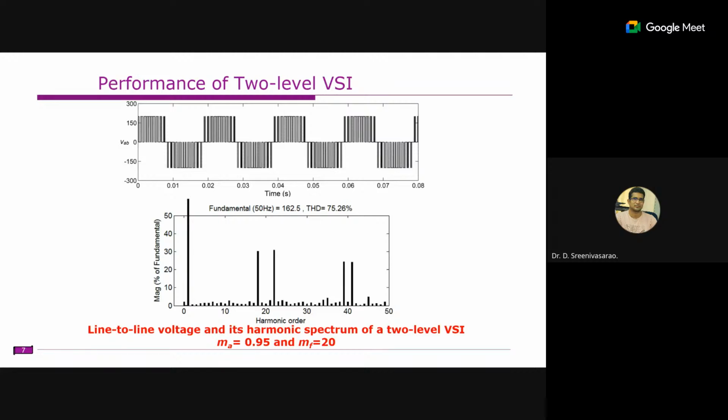The conventional three-phase voltage source inverter is also known as the two-level inverter.